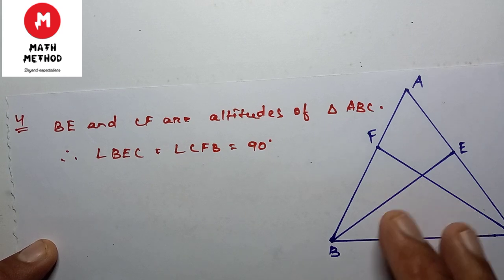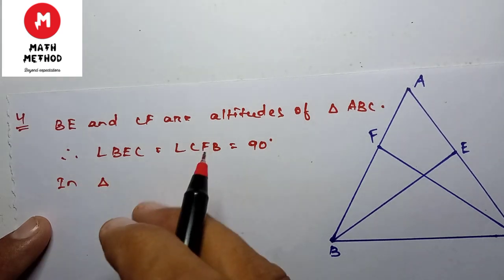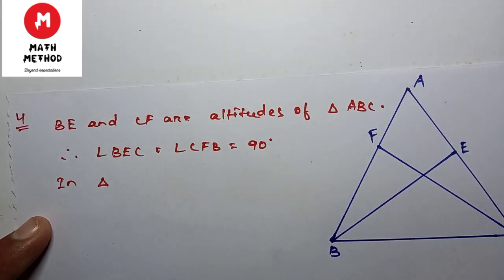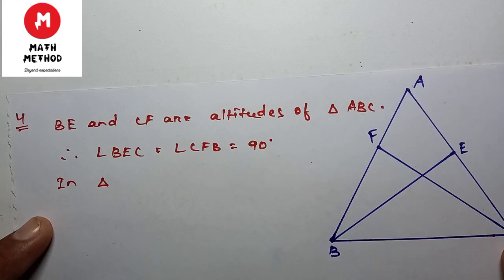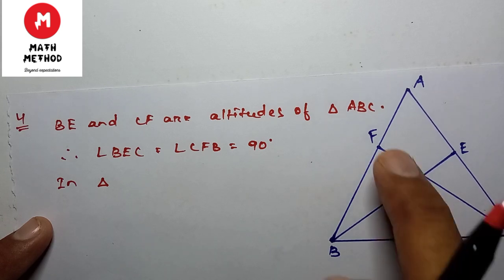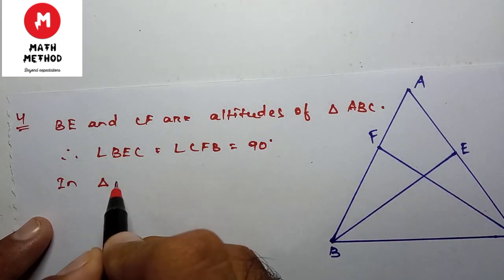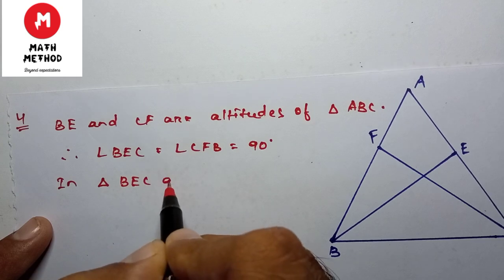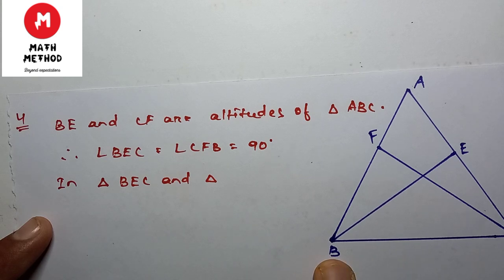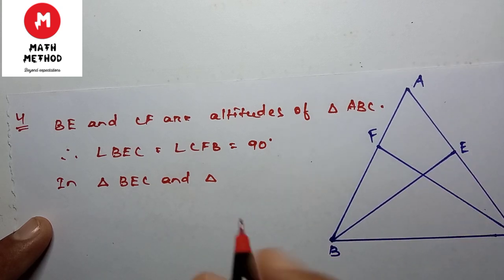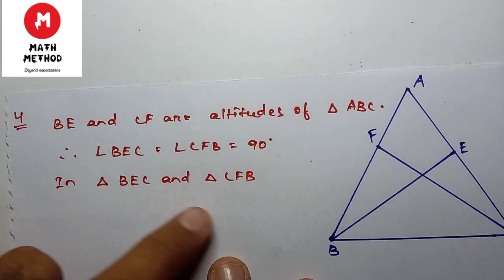Now in right angle triangle, now in triangle BEC and triangle CFB, both are right angle triangles.